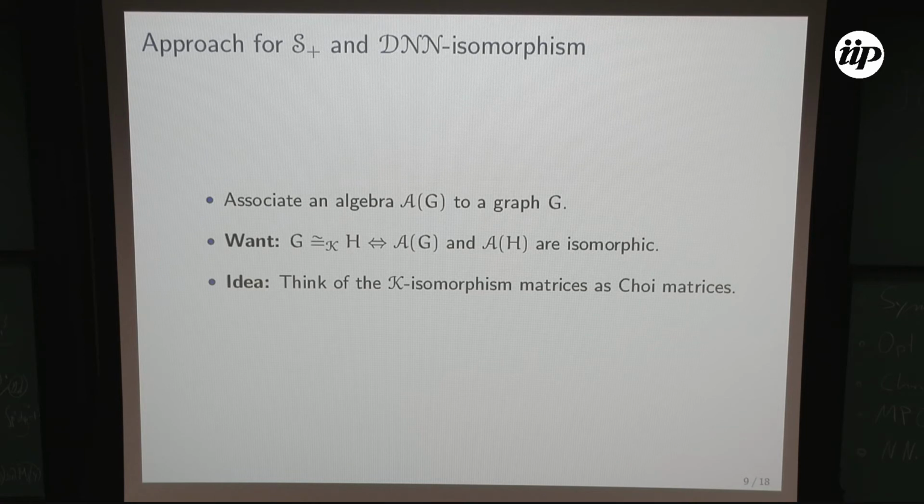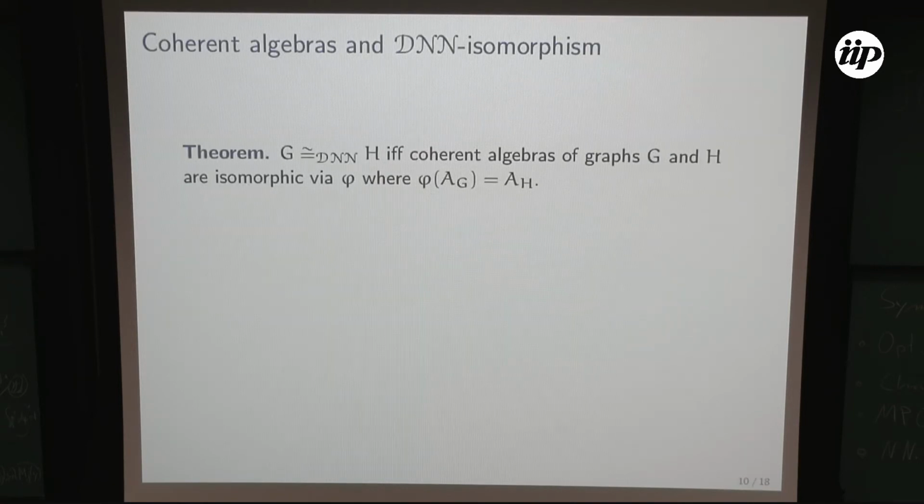But then we were inspired by this tool that we all use in quantum information, where we think of linear maps characterized by their Choi matrices. So what we do is take this K isomorphism matrix and think of it as a Choi matrix of some linear map. And then it happens that this linear map provides us with this isomorphism between these algebras. So that's the overall idea.